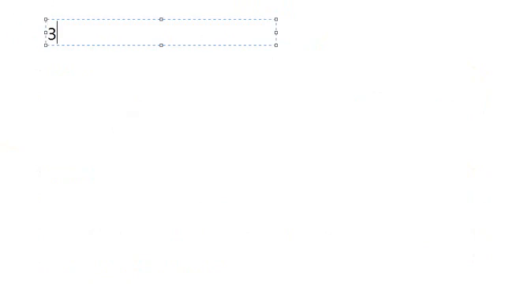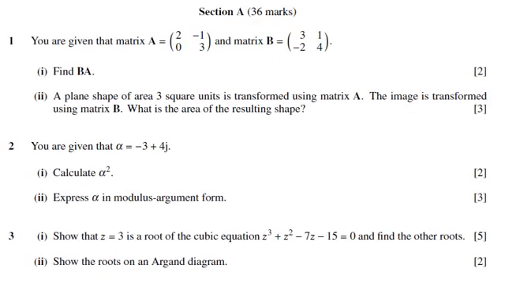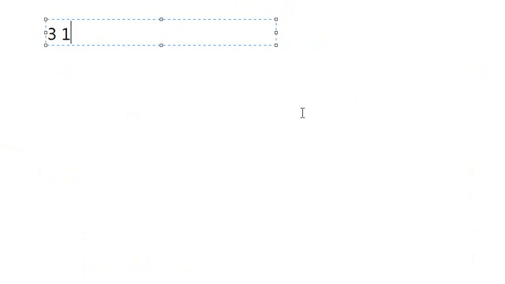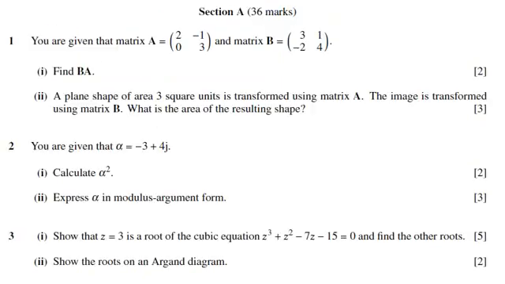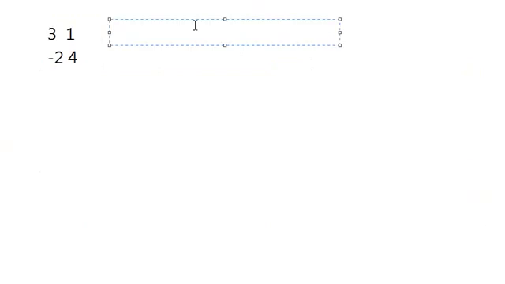So we've got 3, 1, -2, 4, and that multiplied by 2, -1, 0, 3. Okay, so now we've got these two.